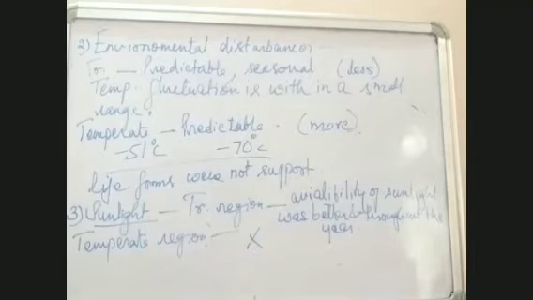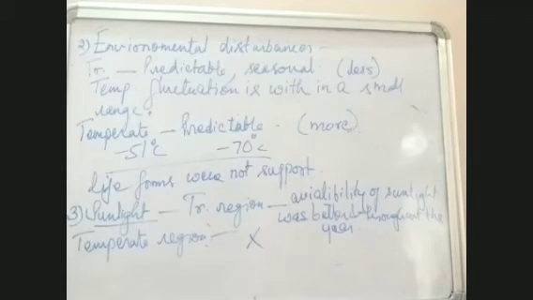Number one, speciation was not seen, new species did not originate. Environmental disturbances were more, so that also did not support life forms. And the third one is availability of sunlight was also less. So species richness is not seen in temperate, rather it is seen in tropical region.